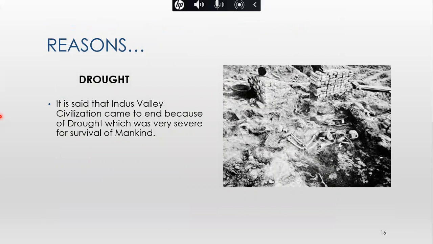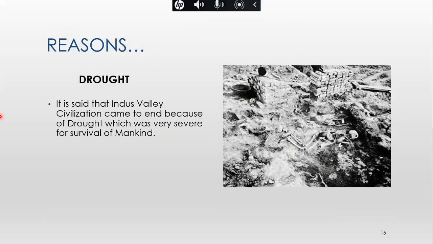Now, the drought is when the people, as they were living near the Indus Valley, started to have a lack of water that caused a drought. Many scholars believe that the collapse of the Indus Valley civilization was caused by climate change.